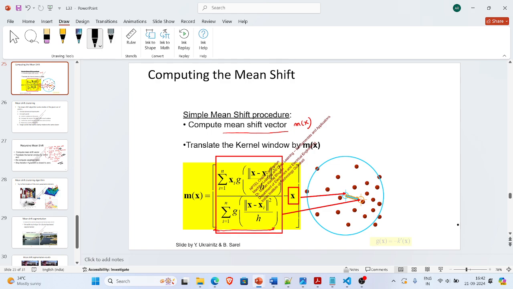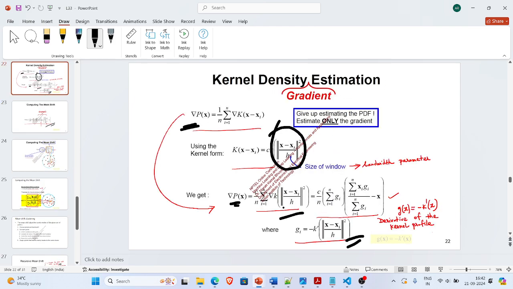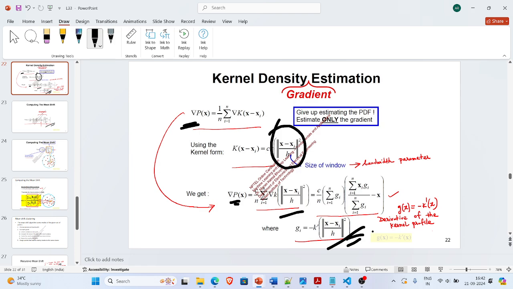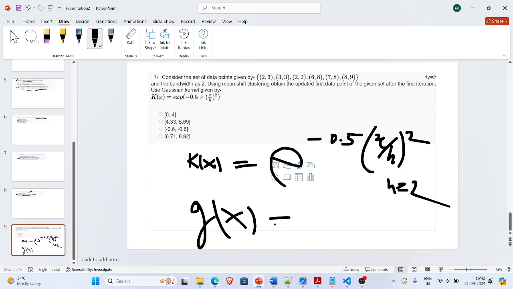So this is the formula we have, and this g function is the derivative of the kernel function. So first we have to calculate the g function. How do we write gx here? For the exponential, the derivative remains the same, but by chain rule we have to do it. So minus x by h is the derivative we have here.